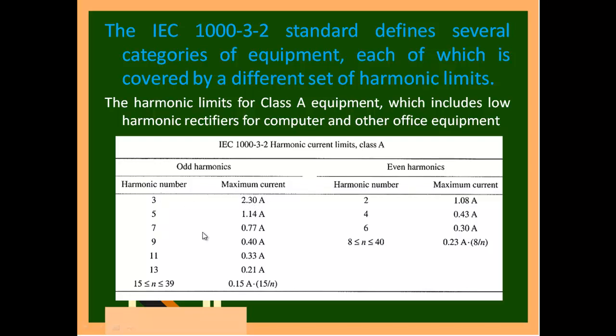You should not go beyond 2.30 A. If it goes beyond, the standard says the third harmonic will be more and it will start to create issues. These are odd harmonics, 3, 5. As the harmonic order increases, the magnitude comes down. Even harmonics can be easily filtered, but the standard specifies that for the second harmonic, the maximum current allowed is around 1.08 amps.